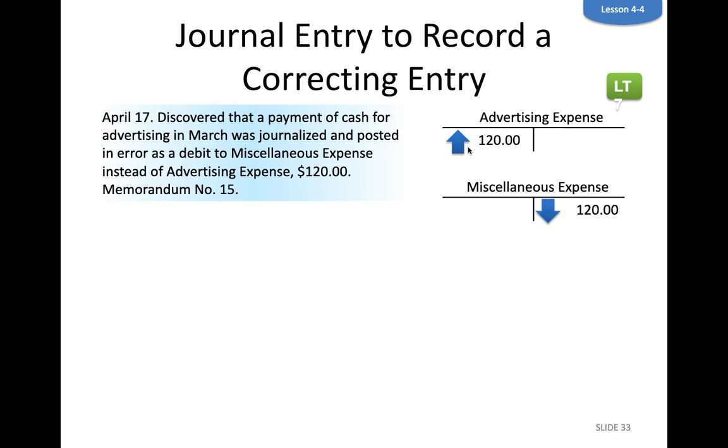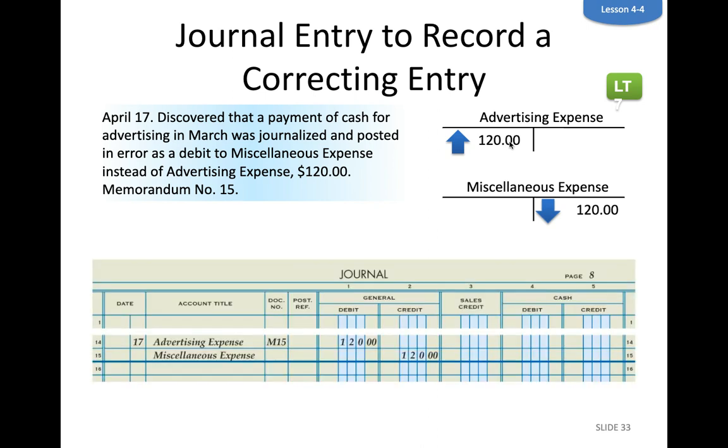When we're talking about expenses, debits increase expenses, and a credit would decrease expenses. So we're basically moving this $120. The original entry was put in as a miscellaneous expense. So we need to decrease miscellaneous expenses and then increase advertising expenses by that 120 to make it correct.